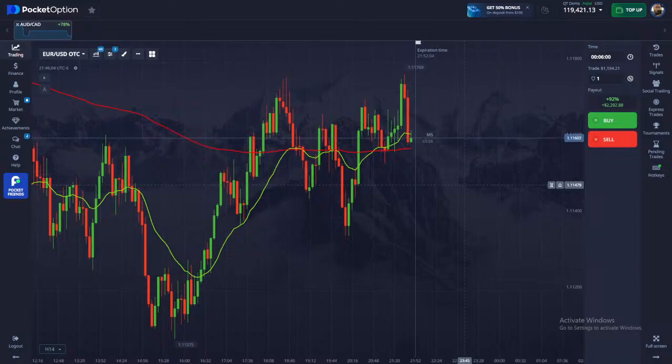All of the major traders know what a round number is. If you guys see on my right-hand side here on the token option, you have a bunch of numbers. For the guy that doesn't know, they're just random numbers, but that's not true.